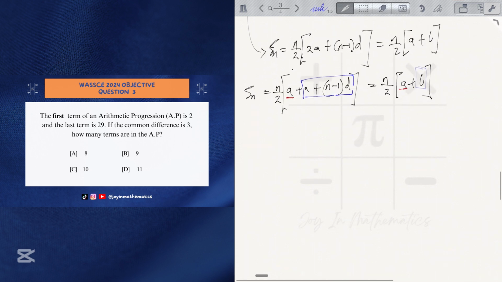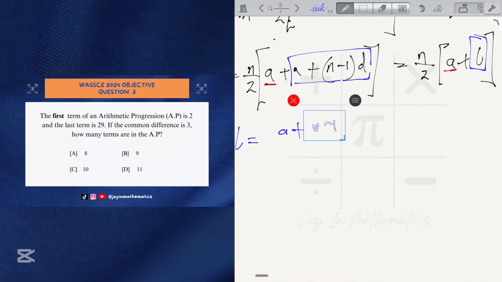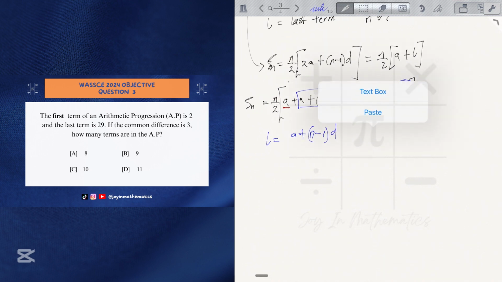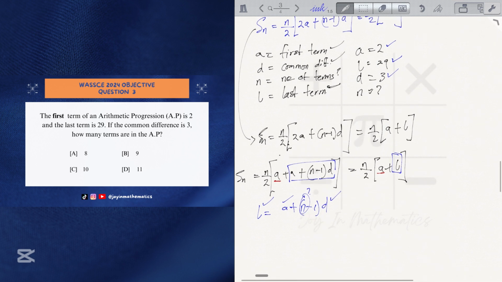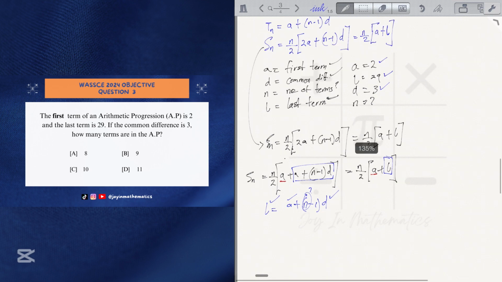So with that, we're saying that the last term is a plus n minus 1 d. Now, if we look at the question, we have a, we have l, we have d, and we are looking for n. So now we can use this expression to evaluate the number of terms in the arithmetic progression.